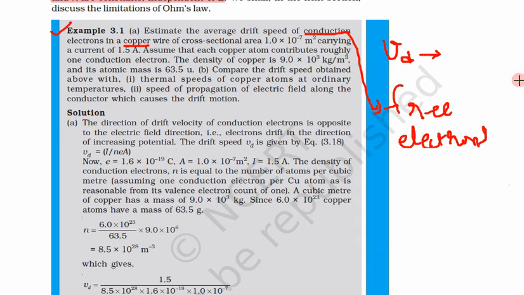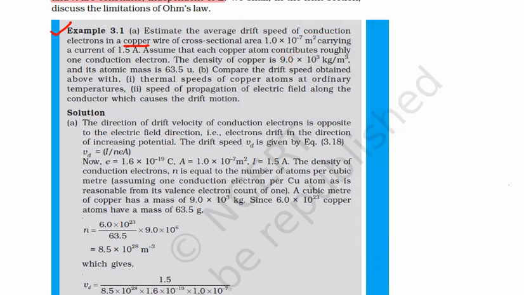Now let us complete reading the example. So there is a copper wire, cross sectional area A is equal to 1 into 10 to power minus 7 meter square. So they have already given it in meter. Carrying current I is equal to 1.5 ampere. Assume that each copper atom contributes roughly 1 conduction electron.